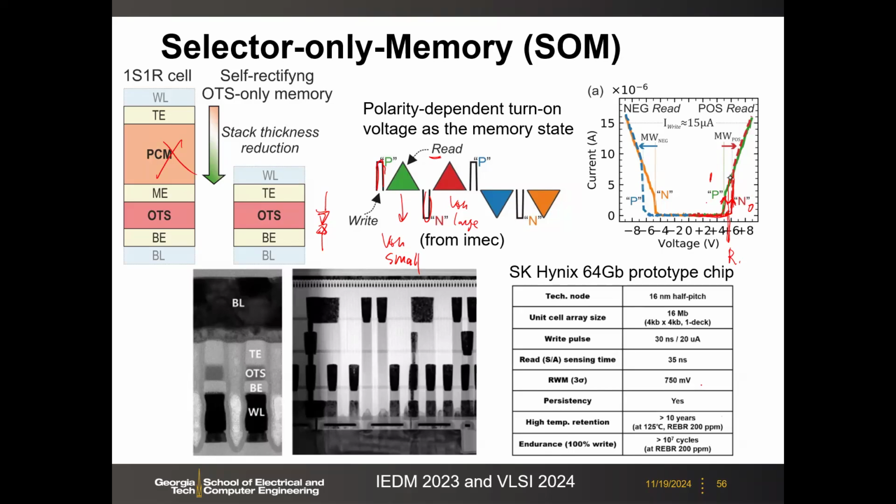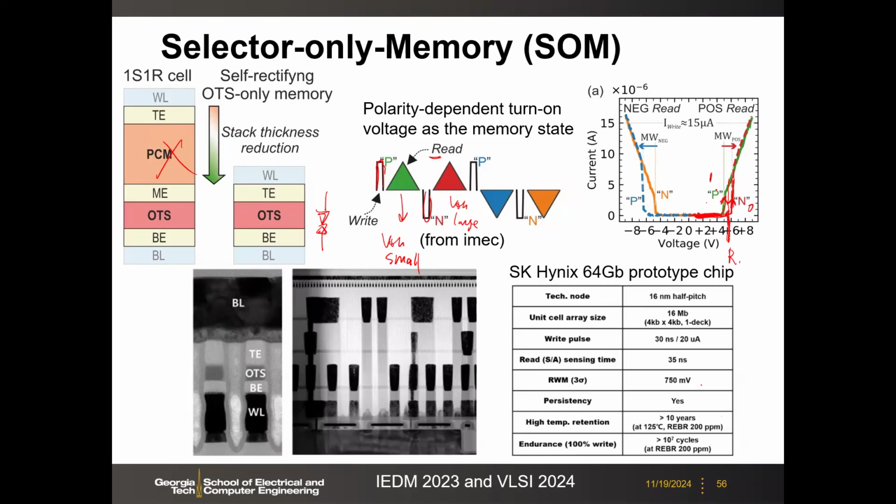It's kind of weird, but this is very nice because the device can cut off the sneak path, because it's a selector. Below this voltage, the current is very negligible. And when you read, you bias somewhere in the middle.